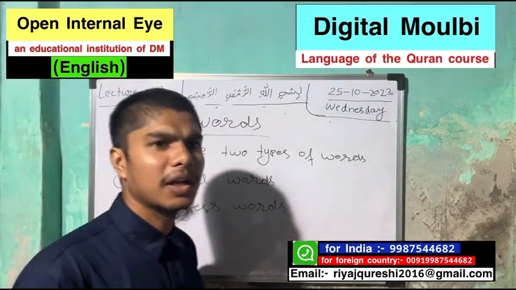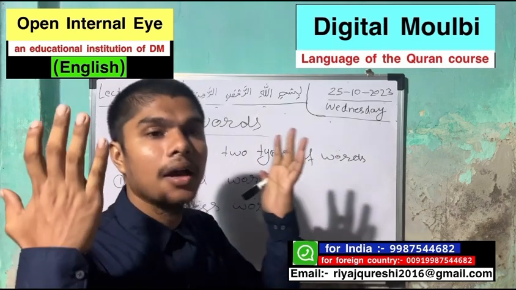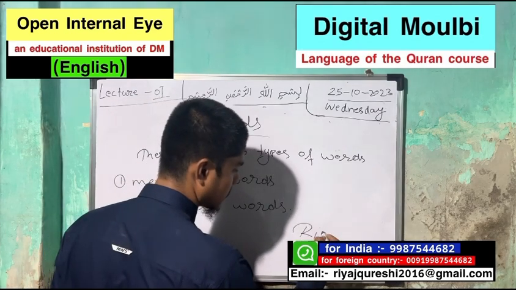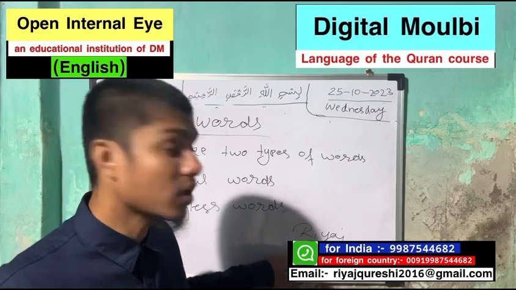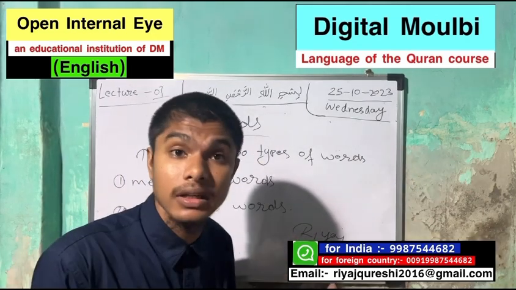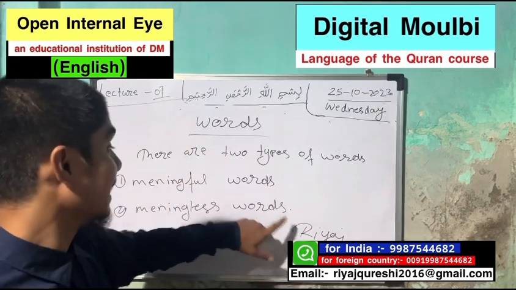Meaningful words means those words have meaning with them. For example, Riyadh. It is a word and it has a meaning because it is the name of a person. That's why it is a meaningful word.